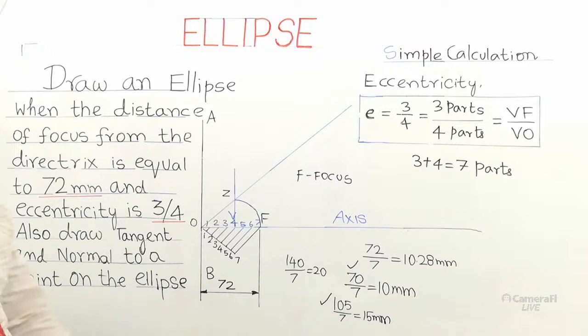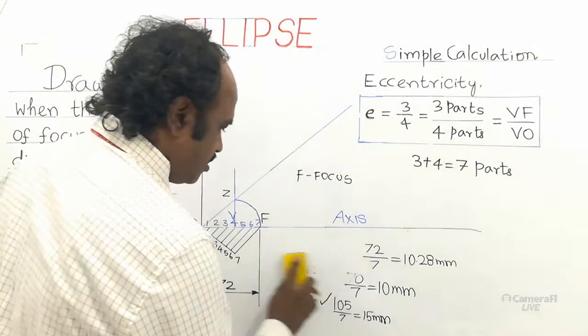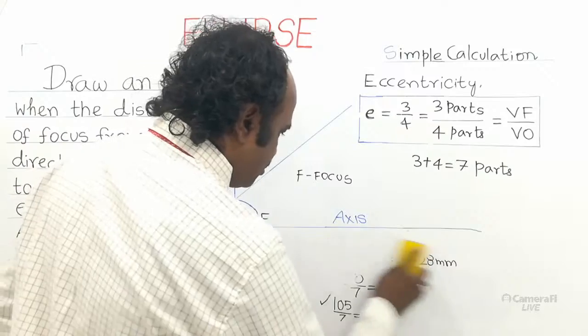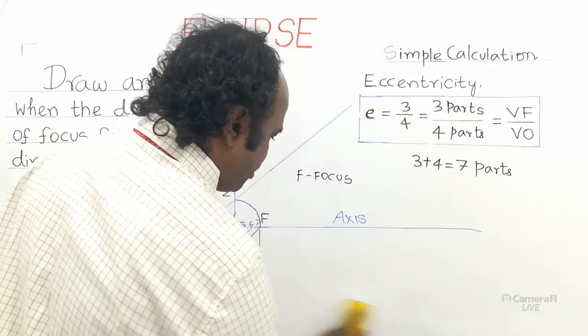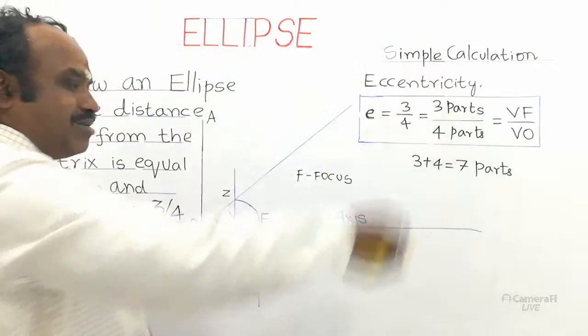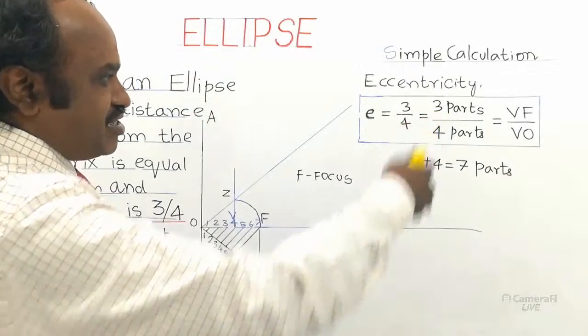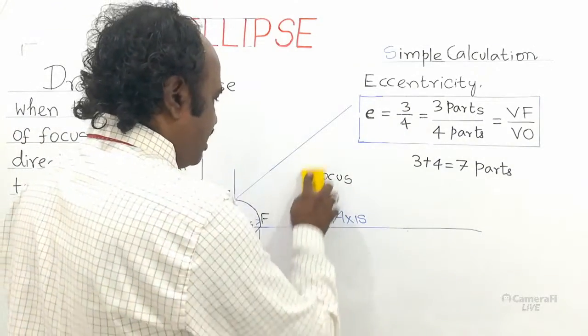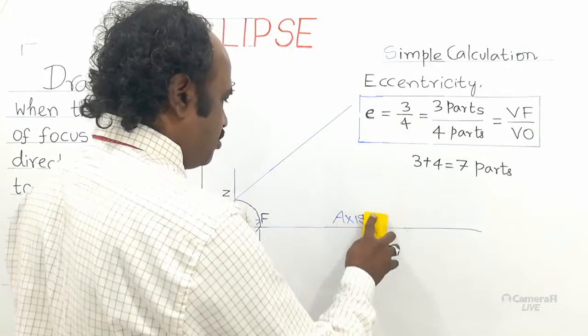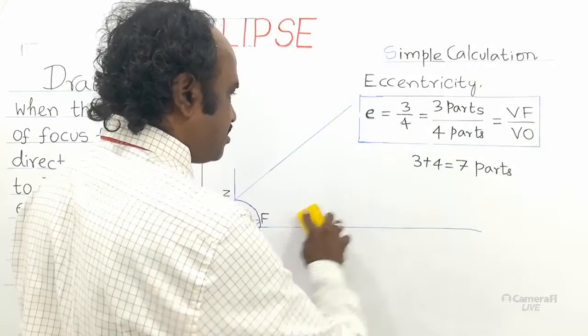Next we are going to step 2. Step 2 portion, let me erase this part, due to insufficient space available to draw the diagram. Students need not erase this calculation part, the simple calculation; let it be on the side of the drawing sheet. Don't erase it, it is essential.